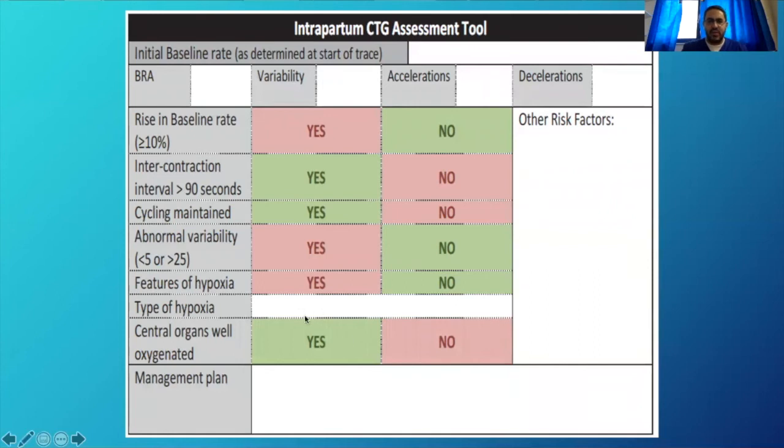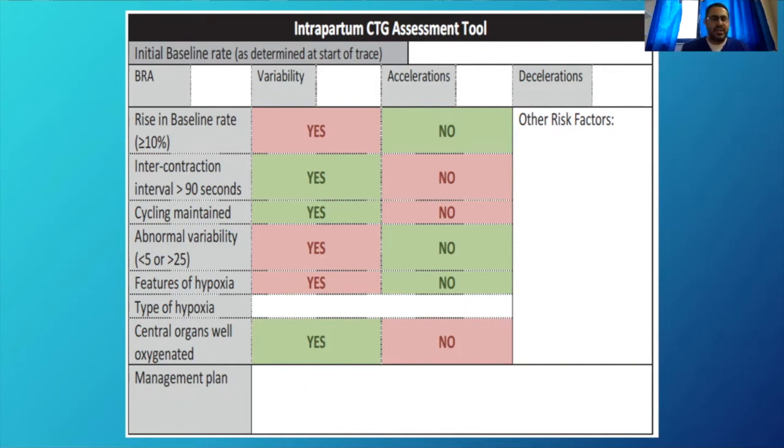And if that's so, what is the type of hypoxia? And the important question is, are the central organs well oxygenated? Okay, so as in, is the baby's brain okay? Is the baby's brain showing a flat variability or a panic mode? Okay, and then you make a management plan. Always make sure if there's any other risk factors.